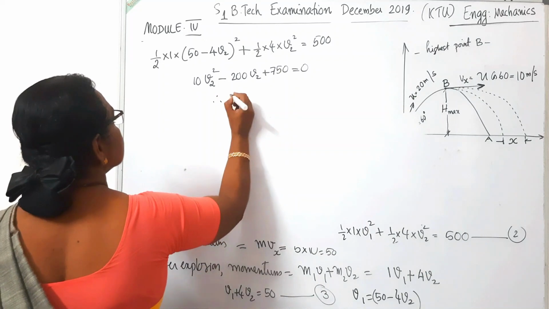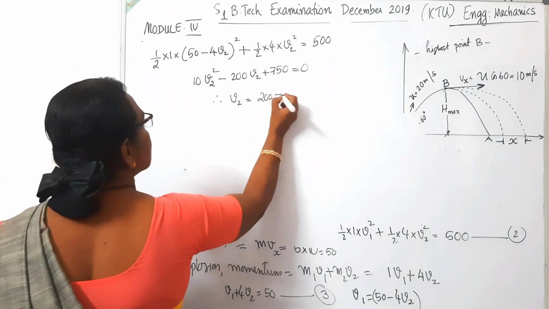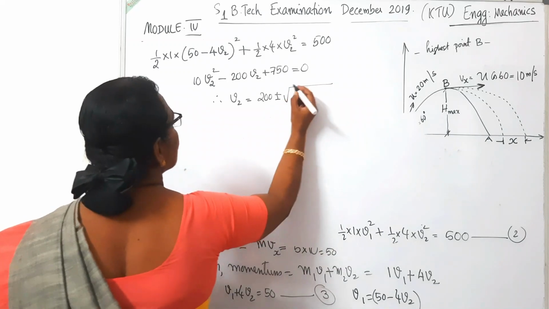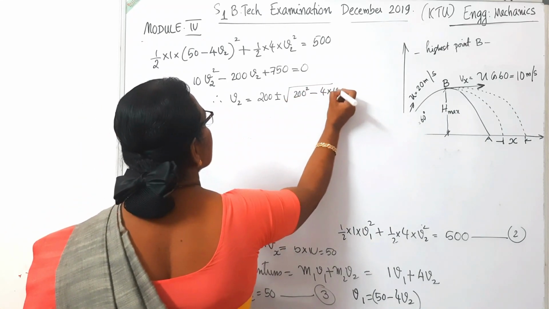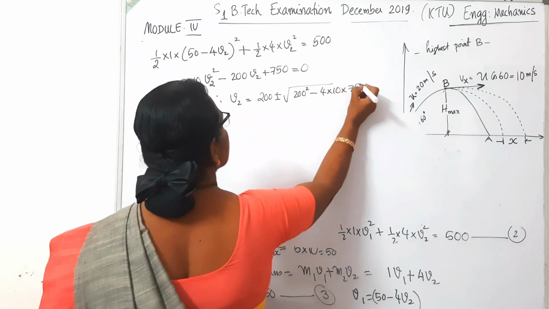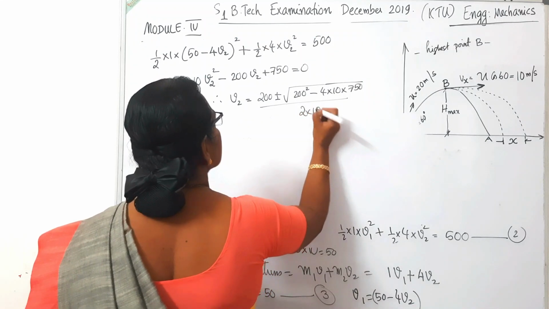From that you get v2 is equal to minus b plus or minus root of b square minus 4ac by 2a.